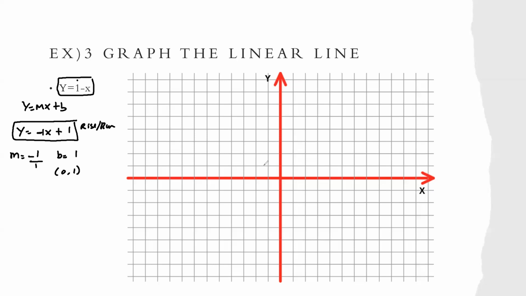Okay, so go ahead and plot those. Start with your b, so 0, 1 is right here. And then our slope is -1 over 1, so that means we're going to the negative side, the left side. So you can either go up 1, left 1, up 1, left 1 again. Or from the b, you can go down 1, right 1, as long as your slope goes to the left because it's negative.